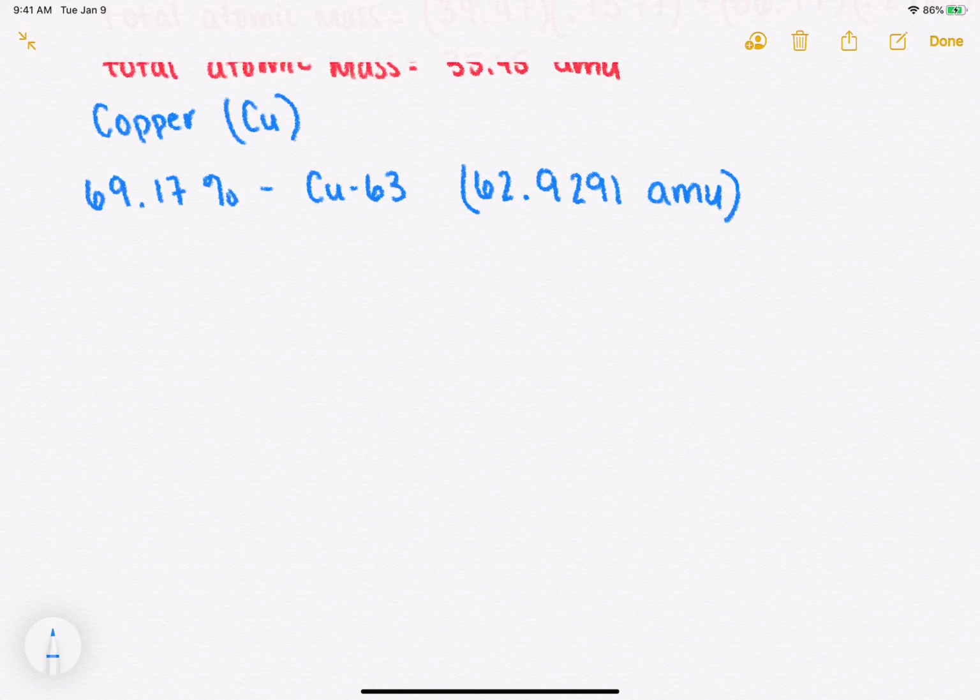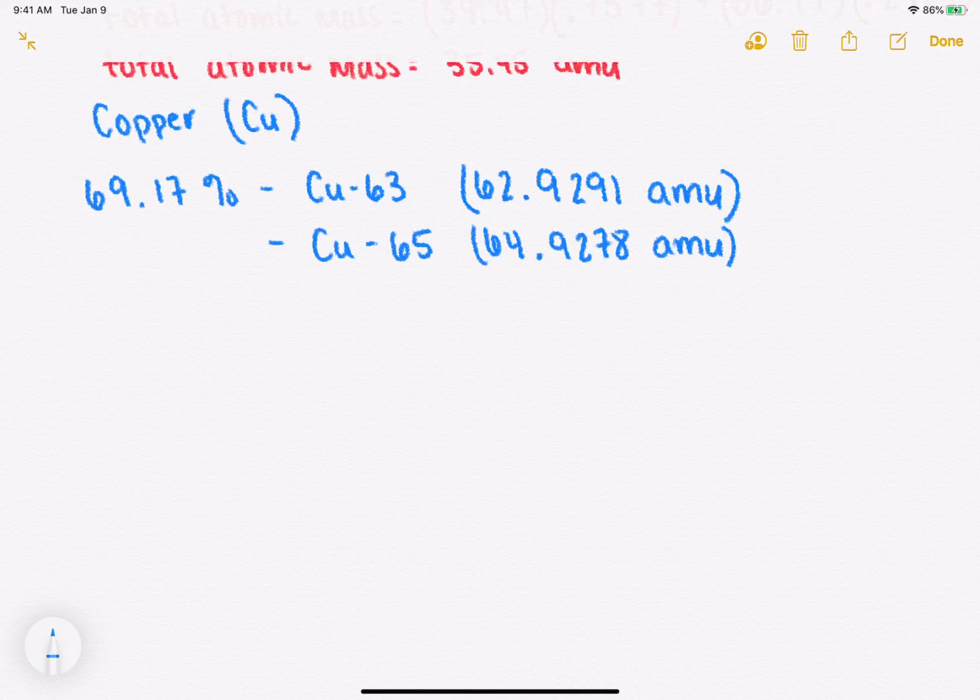So the remainder is Cu65 with an atomic mass of 64.9278 AMU.